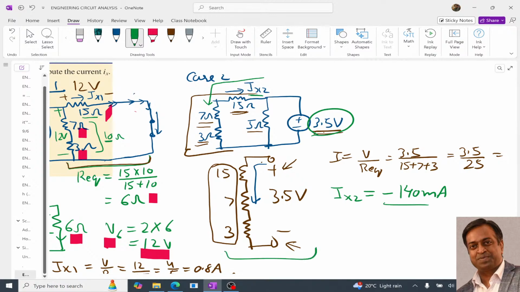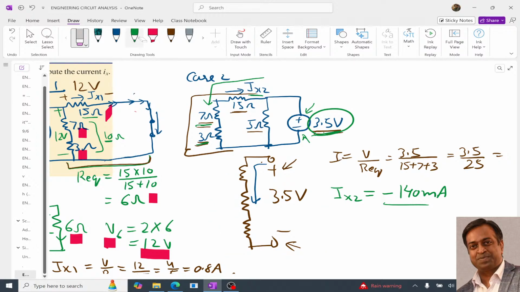From this one, because the voltage drop across this 15, 7 and 3 is 3.5, and plus is over here, minus is over here, so our circuit is like this, right? So the current direction will be like this, which is opposite to ix2.